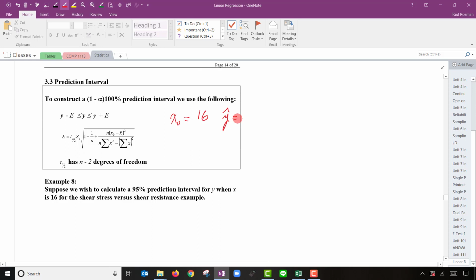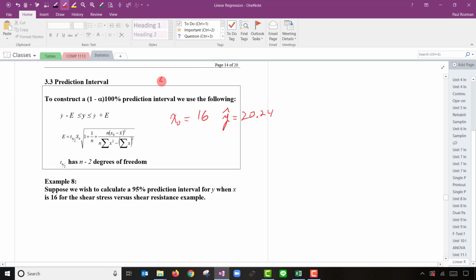I believe it was 20.1 or something. Without scrolling back too far, I think I have it written down somewhere. Don't get dizzy here. It was 20.24. So we made a prediction when x was 16, y was 20.24.